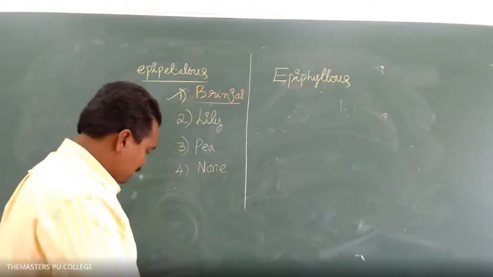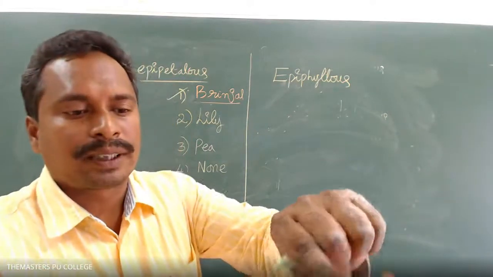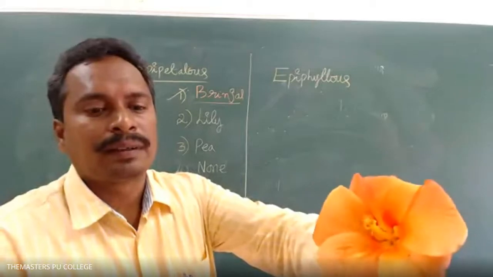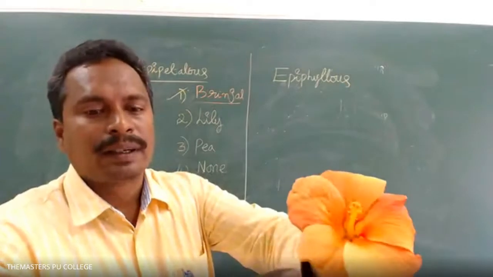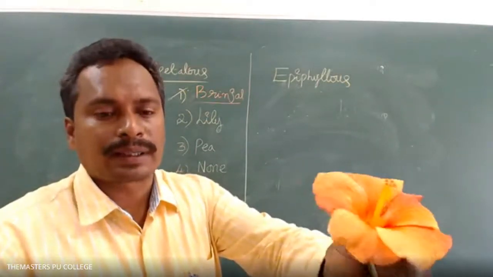Here in this flower, what is the color of the calyx? Green. The corolla appears in another color, no? Yes, different. In these flowers, the non-essential organs appear in different colors.